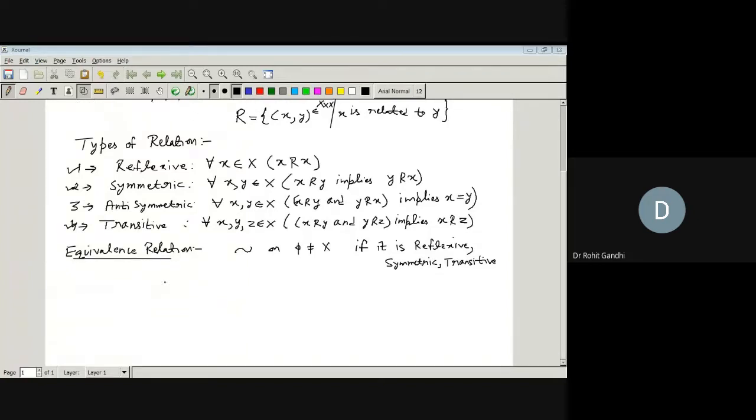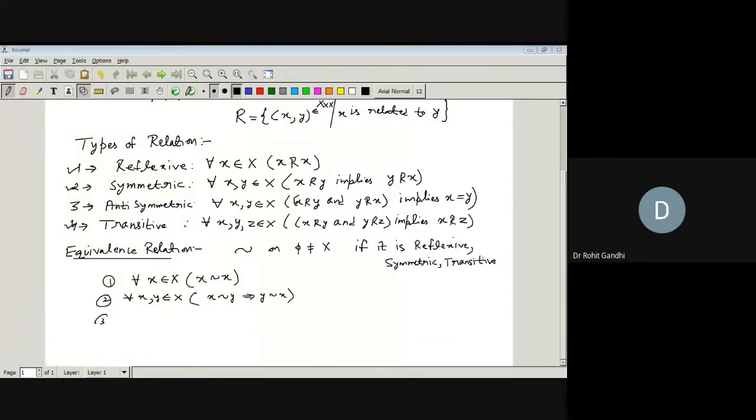That means the first property is that for every x belonging to X, x should be related to itself. Second, for every x, y belonging to X, if x is related with y, this implies y should also be related with x.